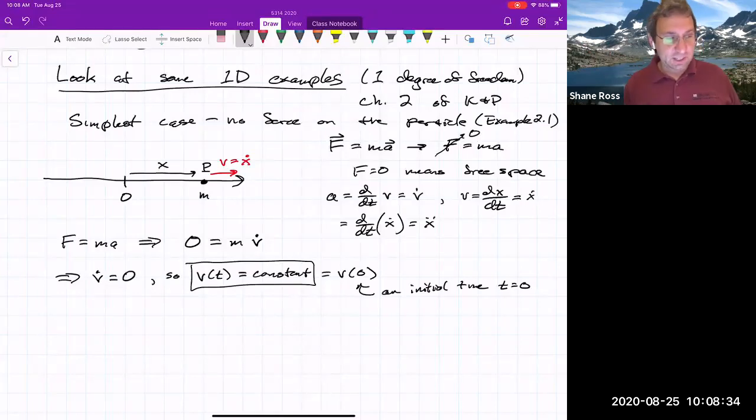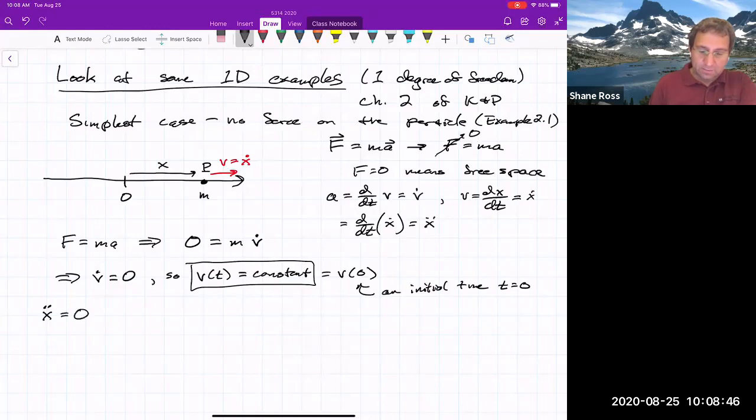The other way to look at this, which isn't going to tell us really much new, but it'll kind of set the stage for other examples, let's look at the x double dot. So this is x double dot equals 0. We could also write this as, so x double dot is d by dt of x dot equals 0.